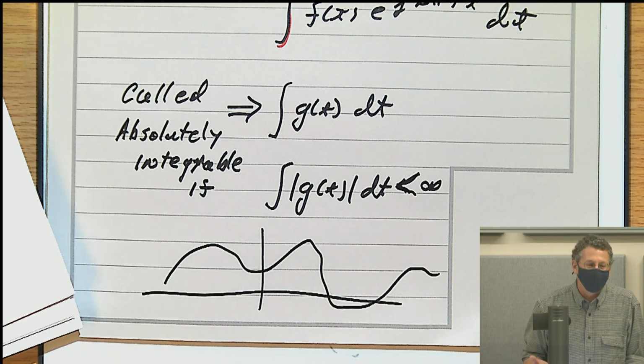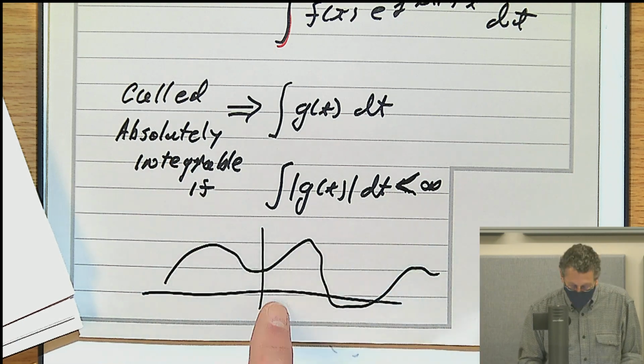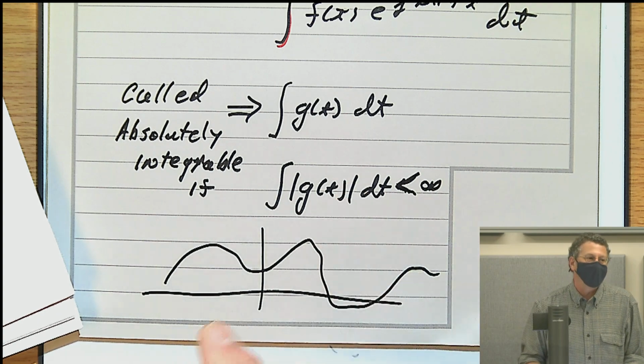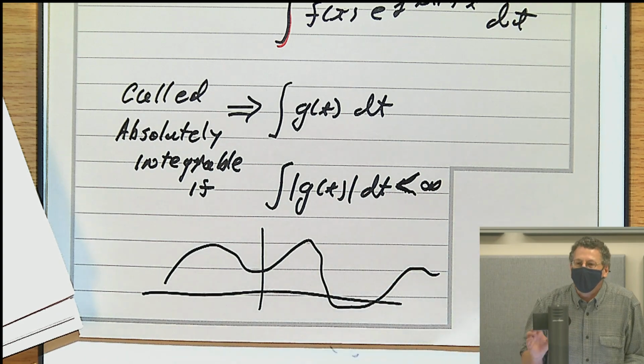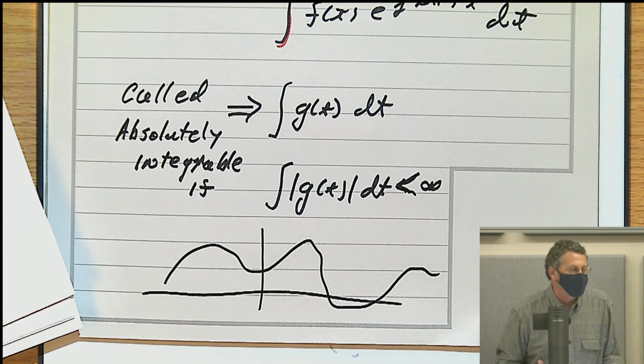But here's the disturbing thing. If the function is not absolutely integrable, you can break the integral into pieces, add them together, and get any answer you want. You can pick any number. You can say 17. Any number. So there's something deeply disturbing about that.